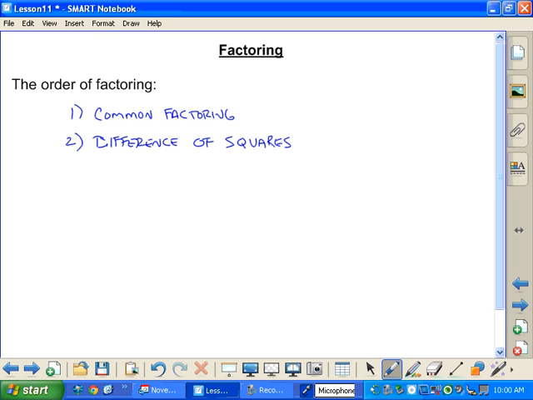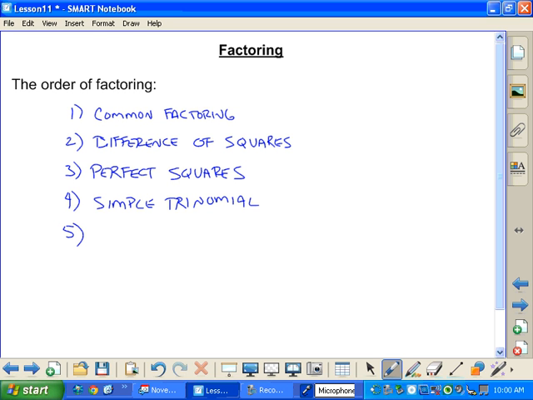Third one is a perfect square. Fourth, I hope it's a simple trinomial. And now 5, complex trinomial, and that's the one we hope we don't have to deal with. We're going to review all of these. So that's kind of the order.